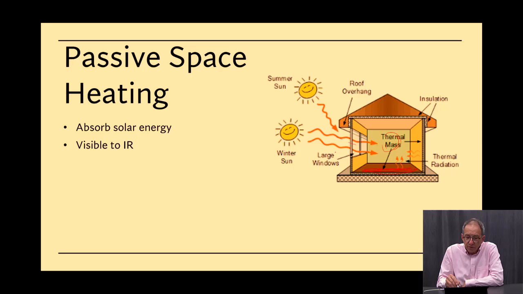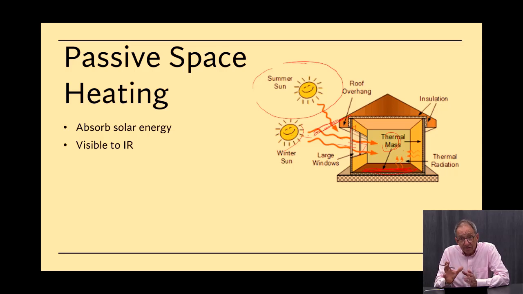So you might have some large windows, and you might have an overhang that prevents the summer sun, which you're trying to avoid coming into your house because you don't want it heated up. But the winter sun is down lower in the sky, so you get the energy coming through the house and heating the house, and you have good insulation in the house.